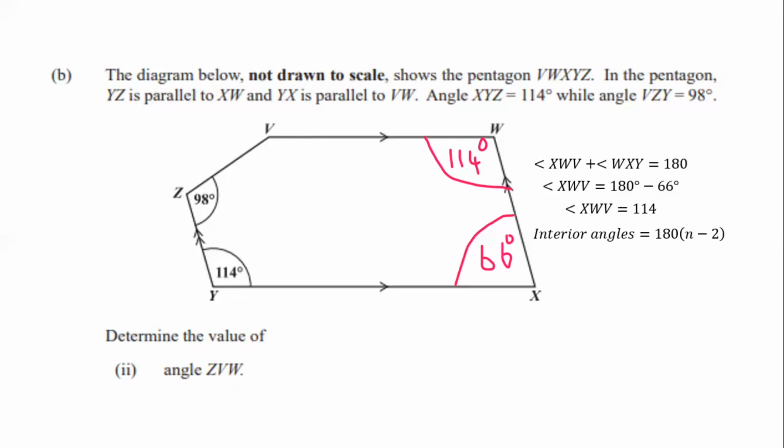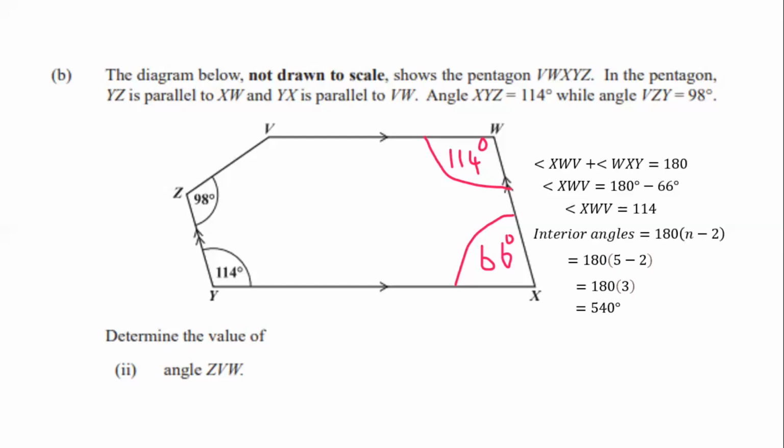Remember, a pentagon has 5 sides. So it is 180 degrees multiplied by 5 minus 2, which is 180 degrees multiplied by 3. When we put that in our calculator, we get the sum of the interior angles of this pentagon to be 540 degrees.